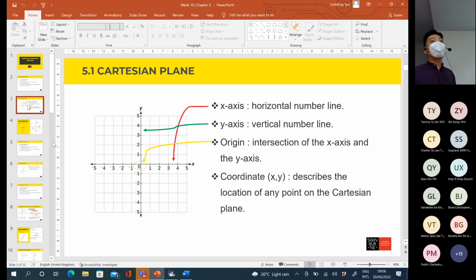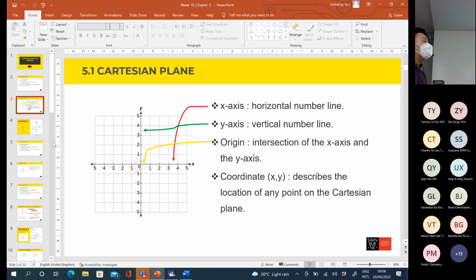You must be very familiar with this Cartesian plane. So what is the meaning of a Cartesian plane? Actually, a Cartesian plane consists of the x and y axes, whereby the x-axis is represented by a horizontal line with some scaling, and the y-axis is a vertical line, also with some scaling.